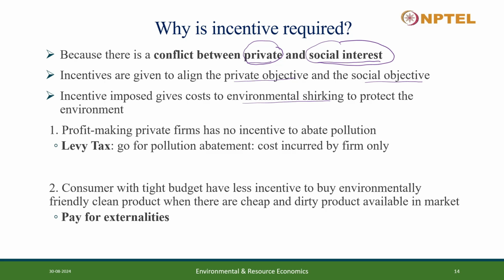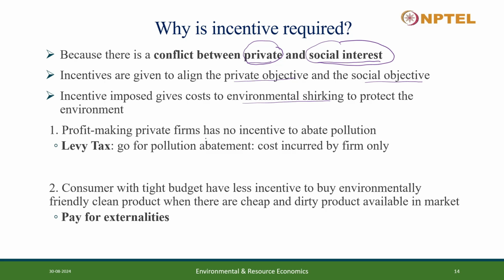But when they have to give a certain level of tax to the government because they are emitting pollution, let's say CO2 or any other pollutants, then they will try to reduce their production so as to get to an optimum level of production.